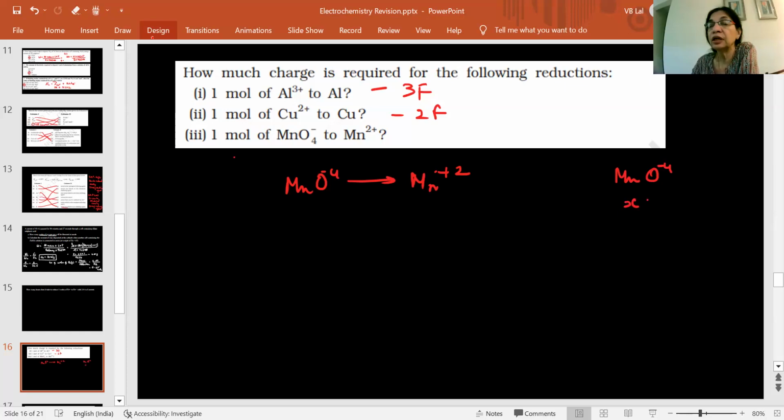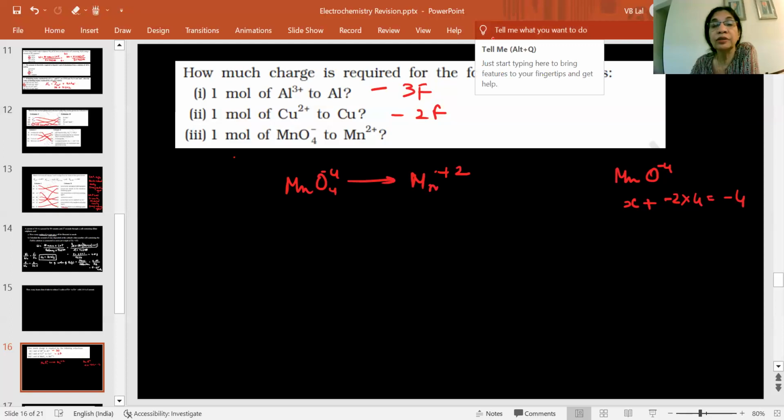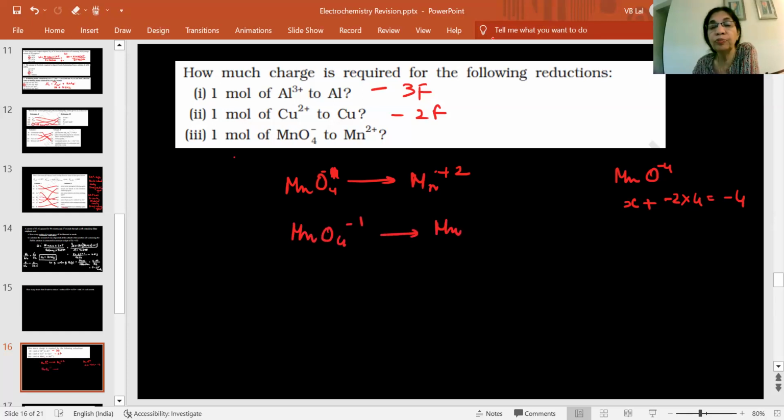X plus minus 2 into 4 is equal to minus 8. I'm sorry, this is a mistake. MnO4 1 minus. Right? Let me write it, MnO4- to Mn2+.